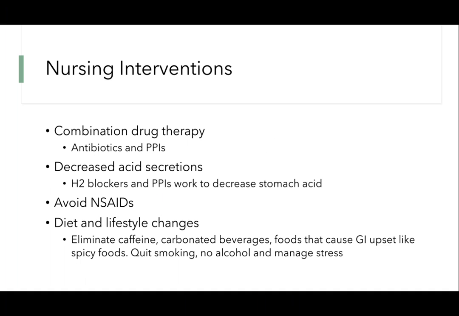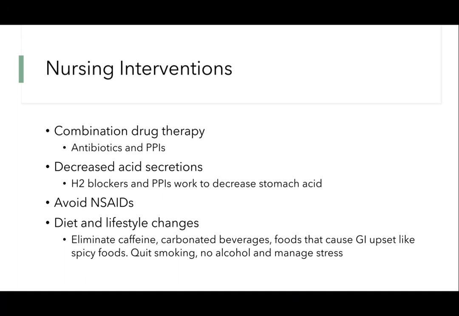Another intervention is to educate clients on diet and lifestyle changes. This is very important. This is a modification that the clients have control over, such as eliminating caffeine, carbonated beverages such as sodas, and foods that cause GI upset like spicy foods.